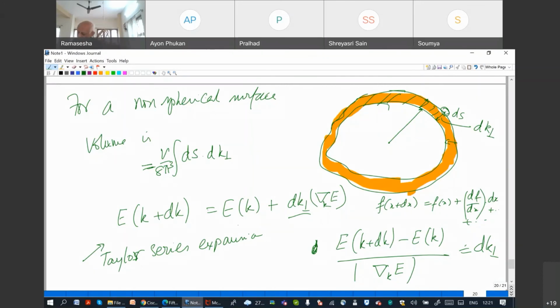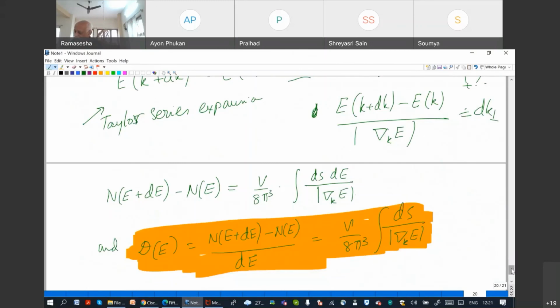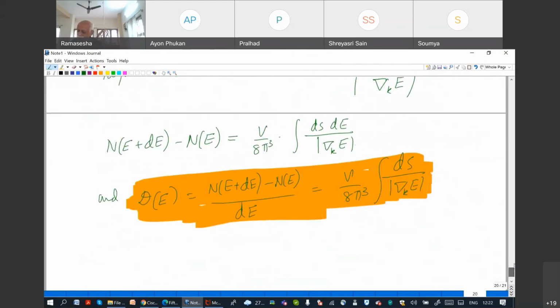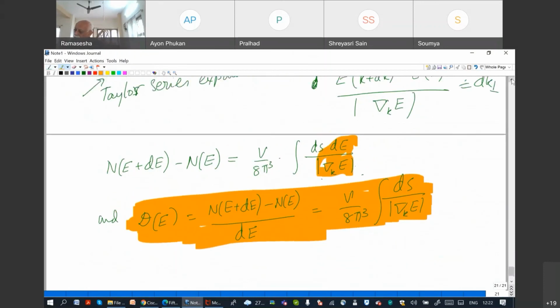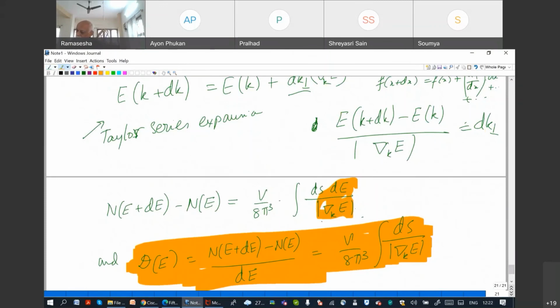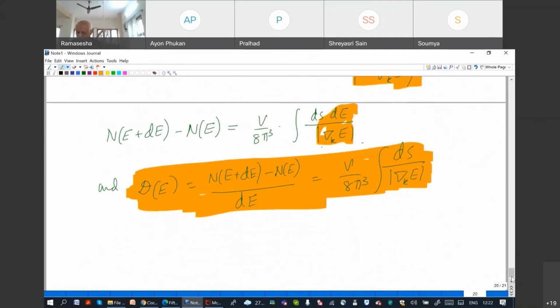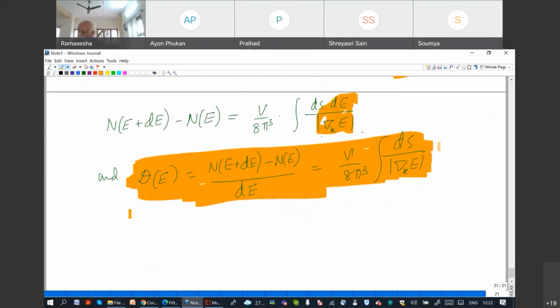So I can write dk perpendicular as dE divided by grad k E. This is dk perpendicular. So when you want to find the density of states, we just do this integration over the surface.